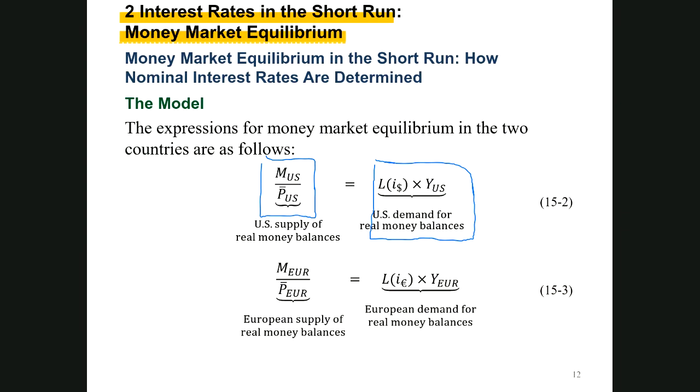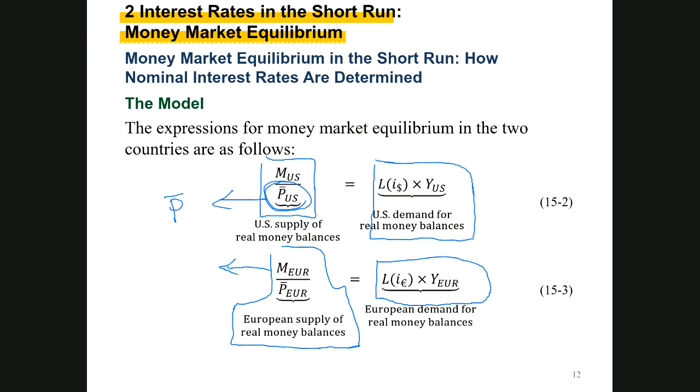And this one is in a different country, the supply of money balances in Europe, and this is the demand for money balances in Europe. But remember that now we assume the price becomes sticky. That's why we put a bar on top of the P.